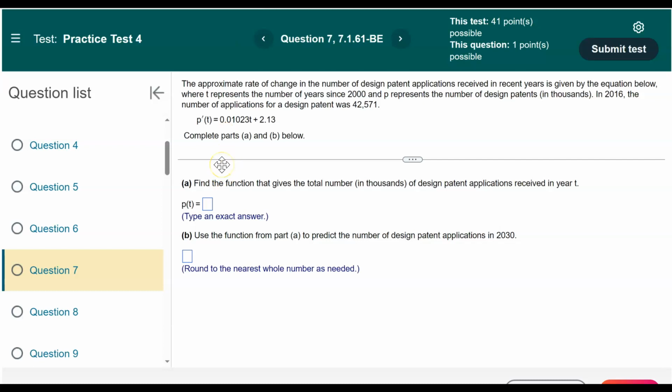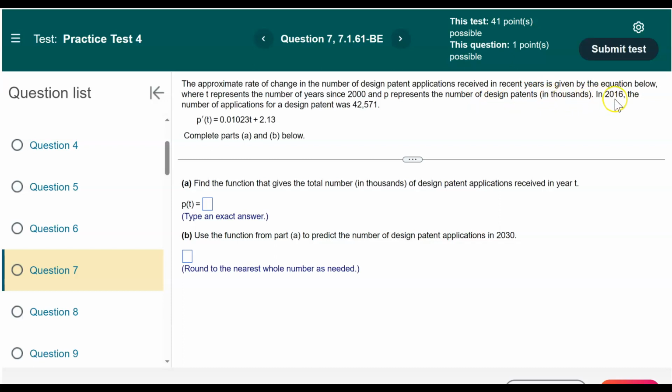So in the next problem, we are given the approximate rate of change in the number of design patent applications received in recent years. T represents the number of years since 2000, and P represents the number of design patents in thousands.